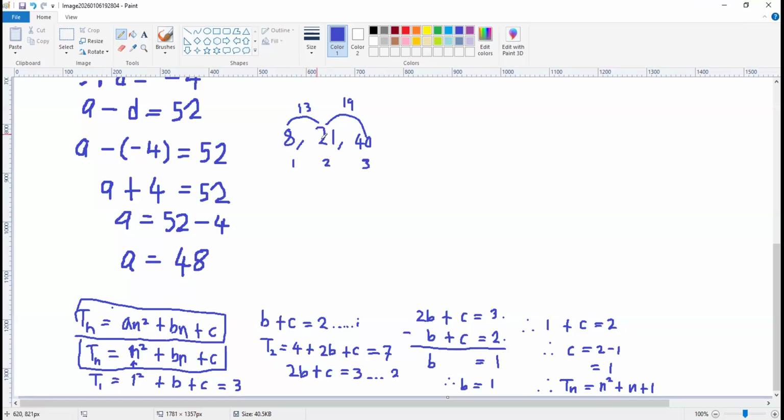8, 13, 19. I think you divide it or something.